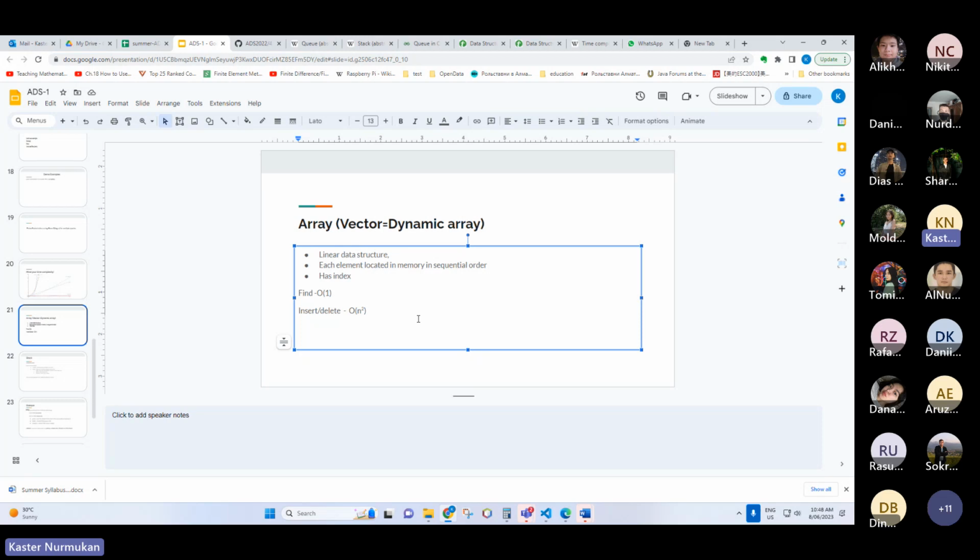Very famous words: LIFO is stack, FIFO is queue. FIFO means first in, first out. LIFO means last in, first out. That's the explanation of the short abbreviations.